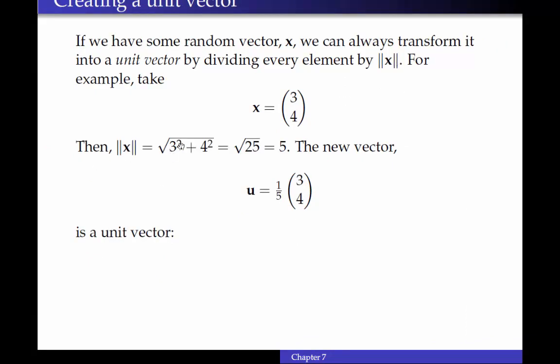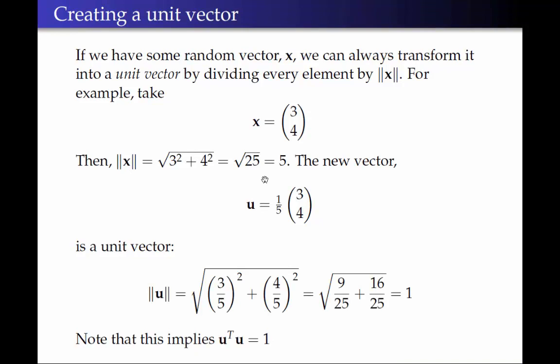The norm of x is the square root of 3 squared plus 4 squared, which is 5. So if I divide every element in x by 5, it's just multiplying x by 1/5. This new vector, u, is a unit vector. We can confirm that by looking at the norm of u: 3/5 squared plus 4/5 squared is going to be 1.